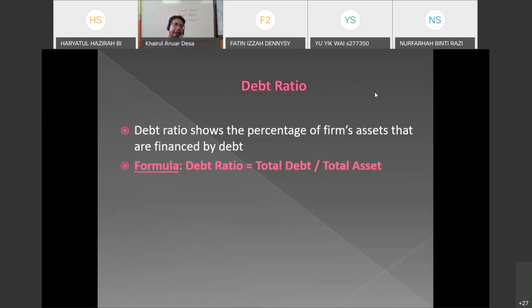Okay, dalam kilang kita ataupun dalam syarikat kita, berapa banyak hutang yang kita gunakan untuk mengoperasikan syarikat kita? How many debt in our capital structure? Okay, ataupun how many debt we use to buy the asset? Berapa banyak hutang daripada aset-aset yang kita ada tersebut, berapa banyak yang kita beli secara hutang?